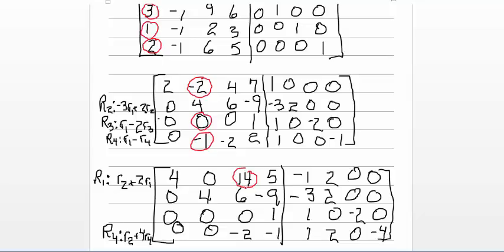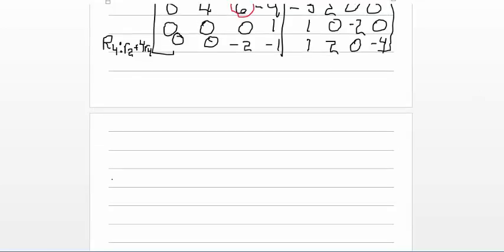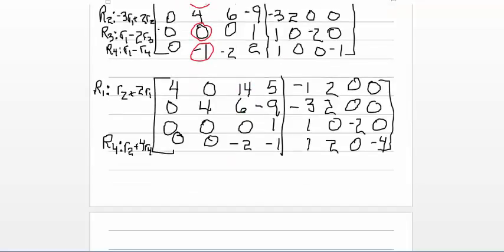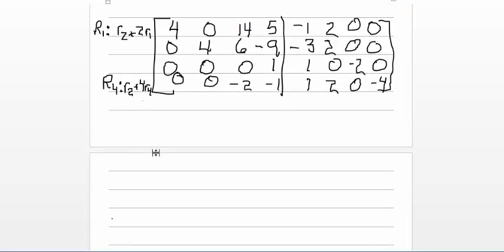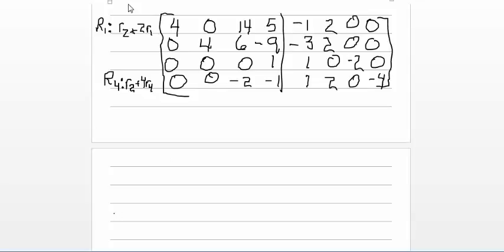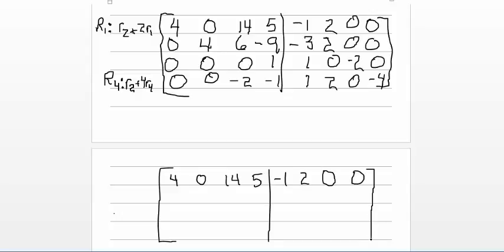And now we're going to get our entries of 0 in column 3. We want all the non-diagonal entries in column 3 to be 0, and I've circled those in red. All right, so now we're going to get a new row 1 by adding row 2 to 2 row 1.